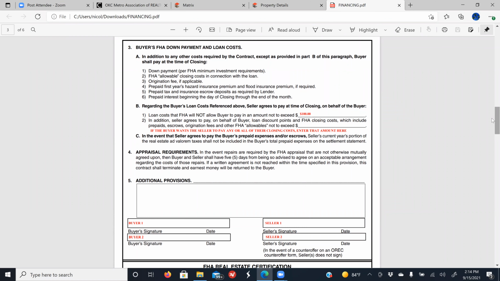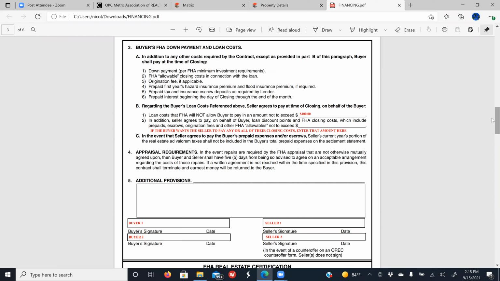So if nothing is written in section 3B, then it is assumed that the buyer is paying all of their own closing costs and the seller is paying all of their own closing costs. So if the buyer needs or wants the seller to contribute to any of the buyer's closing costs, then that needs to be added in section 3B.